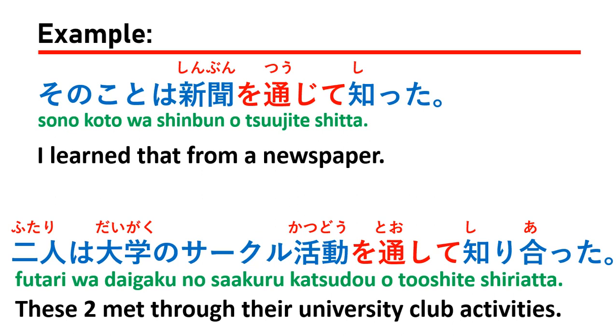So at first they don't know each other, but if you come to join the club activity, you can make friends and you can know anybody. That means they know each other from the university club activity. So in this case, you can say 大学のサークル活動を通して知り合った, right?